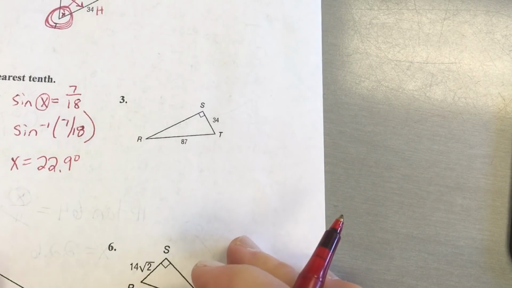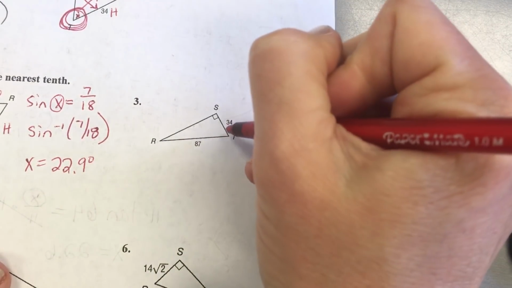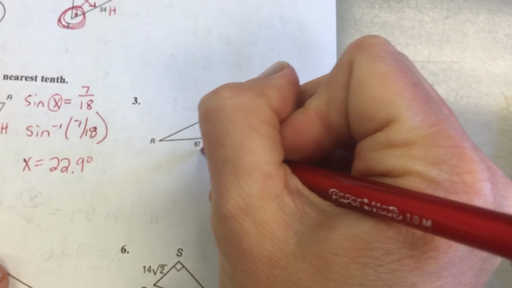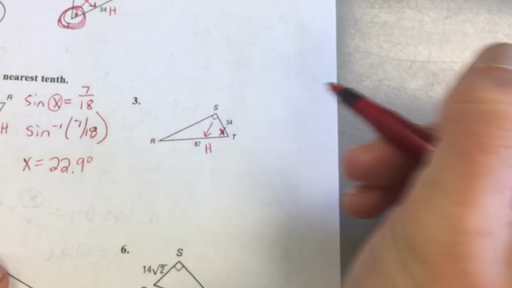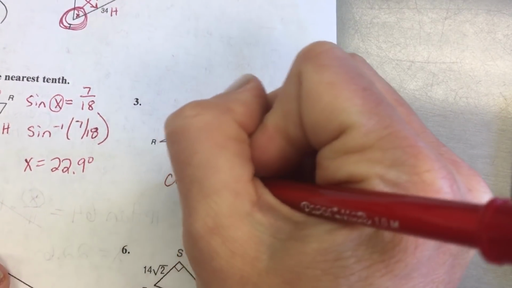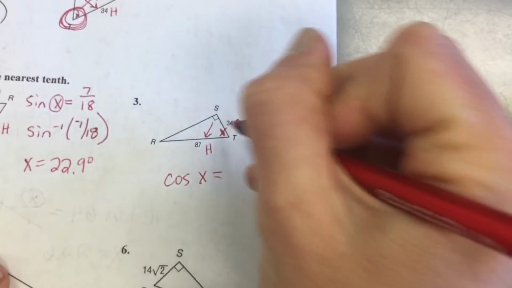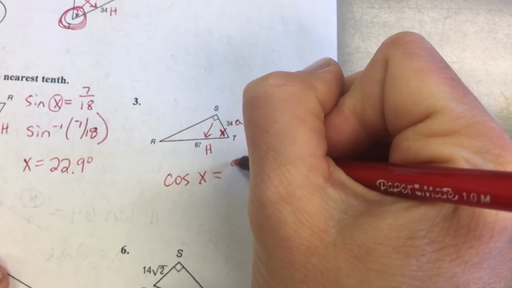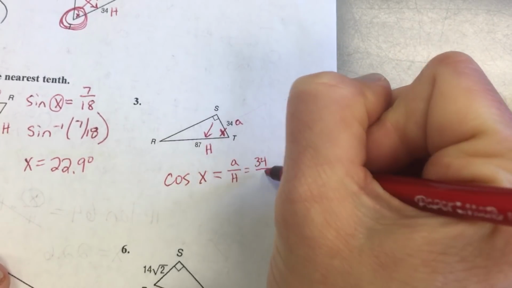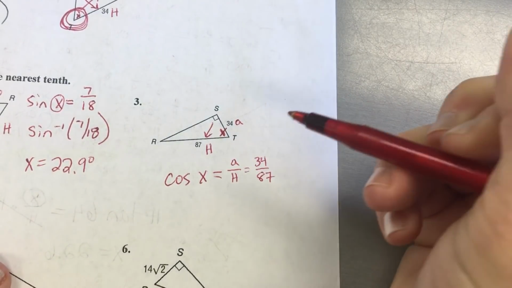Okay. All right, number 3, put our X at the T. So we have hypotenuse, across from the right angle, and we have adjacent. So that would be cosine. Cosine of X equals A over H, so that is 34 over 87.